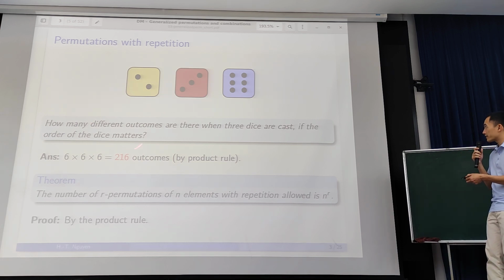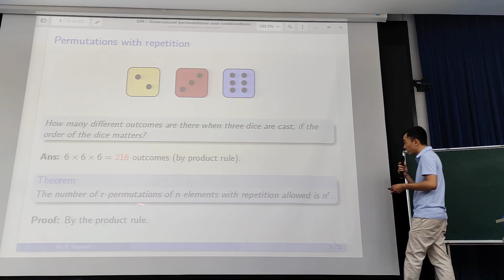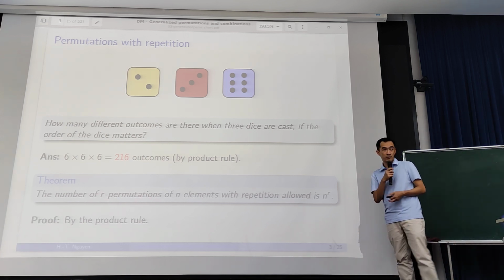So in this example, n is equal to 6. You have 6 elements, which are the numbers from 1 to 6, and you throw the dice 3 times. Each time you get a result, and you combine the 3 results, taking into account the order. Then you have an r-permutation, here a 3 permutation of the numbers from 1 to 6.